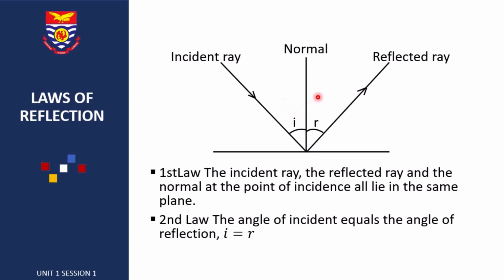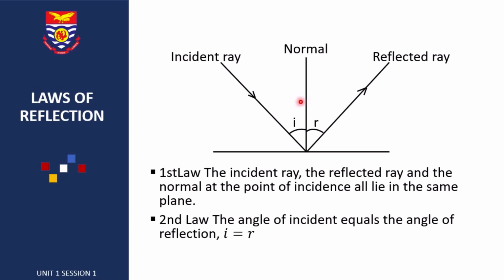Also, the reflected ray makes an angle that we call the angle of reflection, and it's always measured to the normal. These angles are always equal. Supposing that we have the angle of incidence to be 50 degrees, it means the angle of reflection has to be also what? 50 degrees.